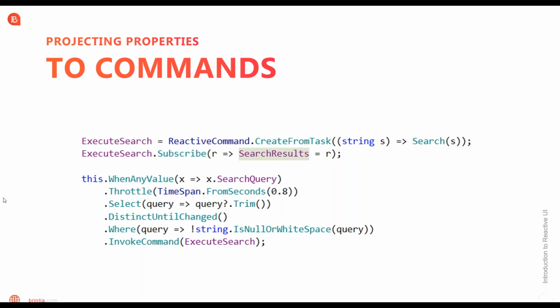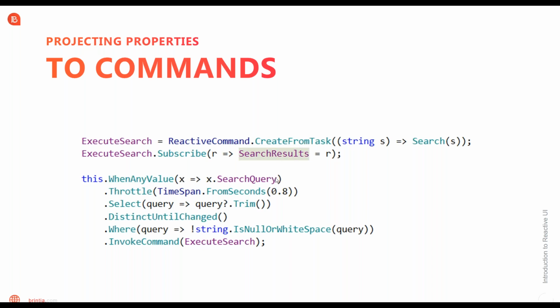The throttle is an operator that will only get the last element of the sequence when no new elements are pushed for 0.8 seconds. So this is what this throttle operator will do. It will create a new observable using the last when any value observable.